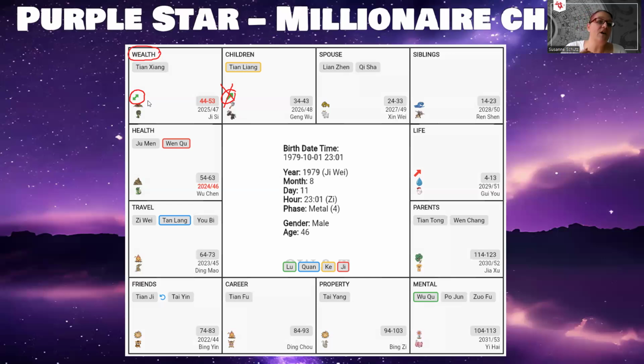So if you have the green one, the Lu enhancer in your wealth palace, the double-headed arrow one, usually this indicates that money inflow is quite smooth and quite easy. You have someone who tends to be quite picky in terms of what work they want to do to get rich.